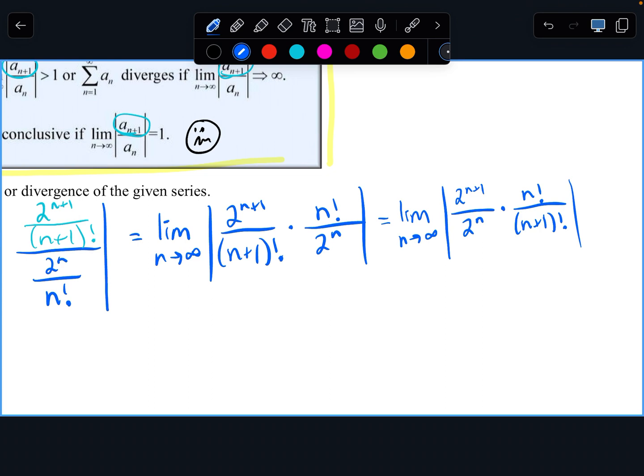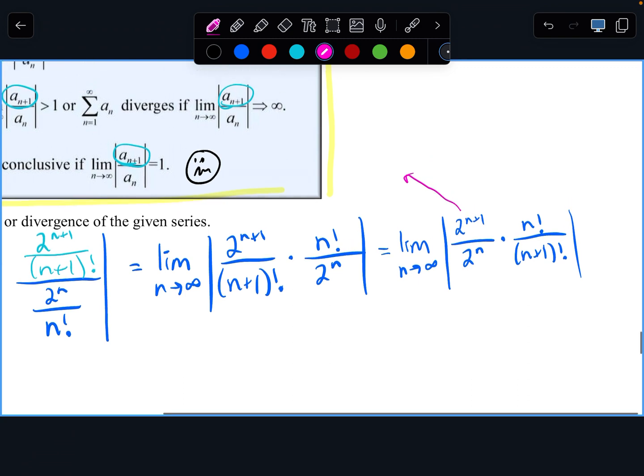Okay, so that first guy, like I said, you've done this a little bit already, but you're doing backwards exponents. You know how this is x to the 5th, right? You add them. Now you're going backwards. So 2 to the n plus 1 is 2 to the n times 2 to the 1. Right?